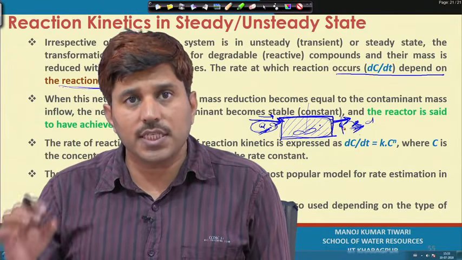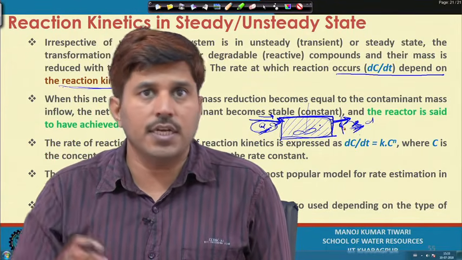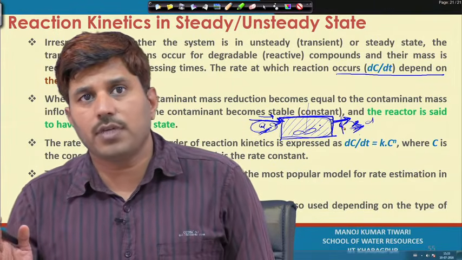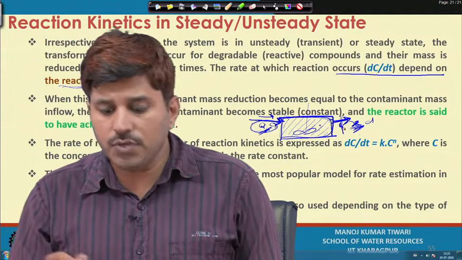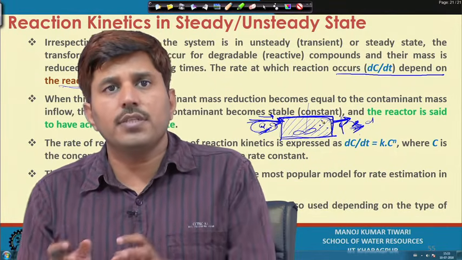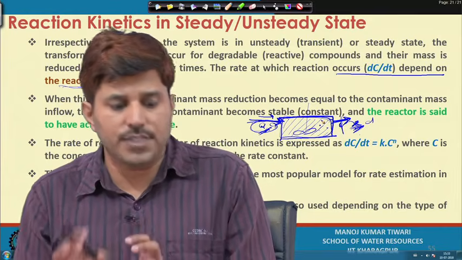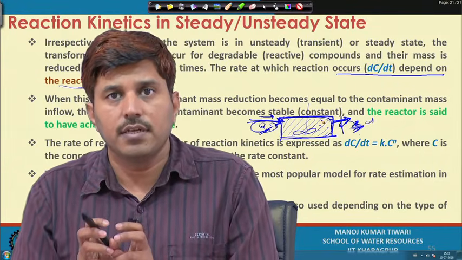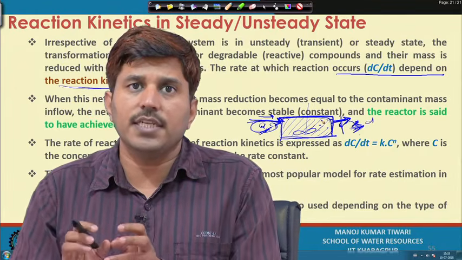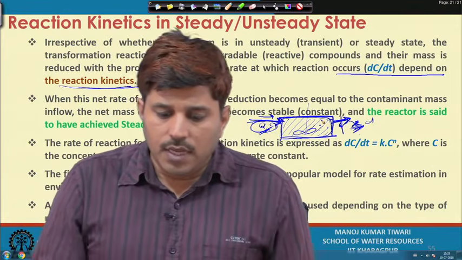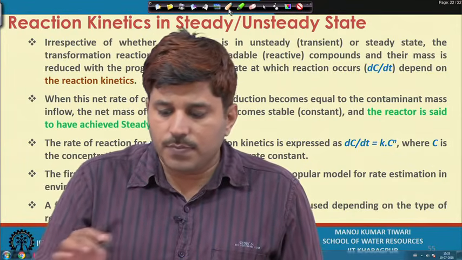So, reaction is taking place, inflow is there, outflow is also there, but nothing is changing with respect to time, because in unit time whatever amount is coming in, that much is getting destroyed. The concentration has become stable, and this is what we call steady state. There is a reaction taking place, but our system has attained a steady state.